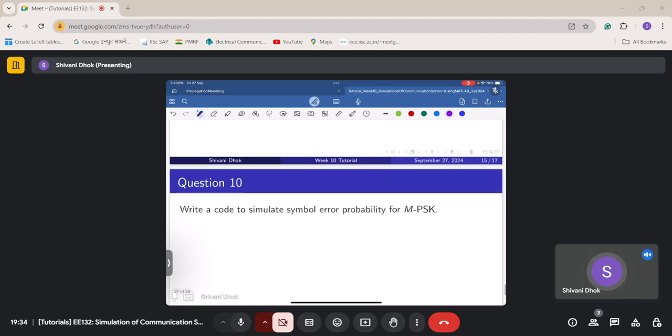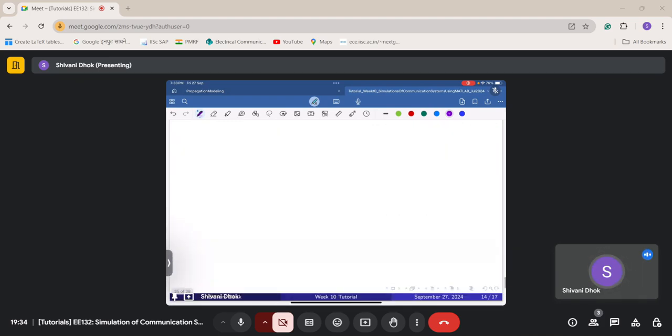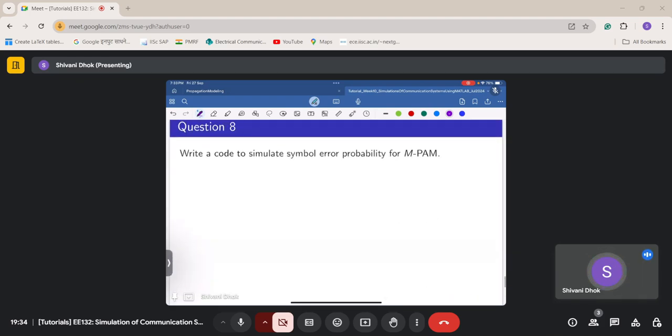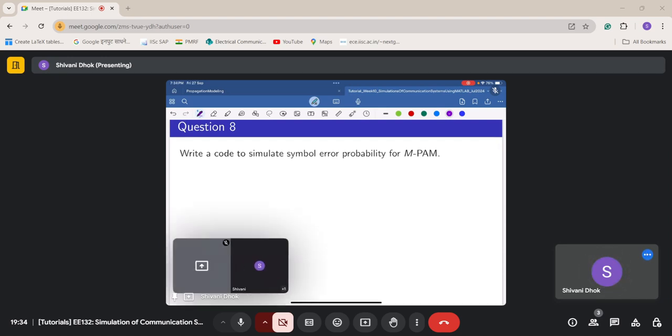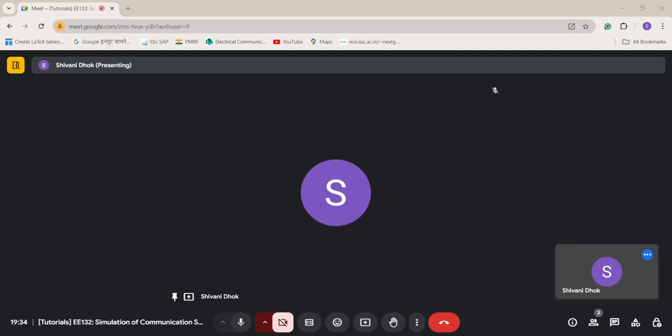And in the last question, we will write a code to simulate the symbol error probability for M-PSK. So I'll now shift to MATLAB, and one by one we'll solve these 3 questions. Along with these files, I'll also upload the MATLAB files for these 3 questions. Okay, so let me stop sharing here.